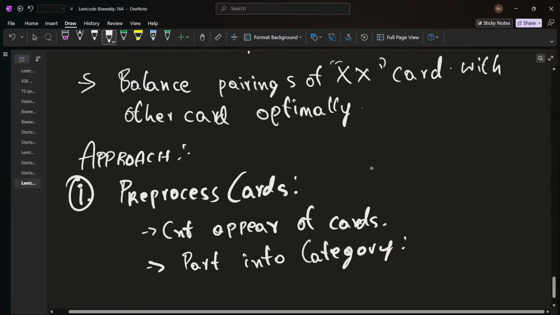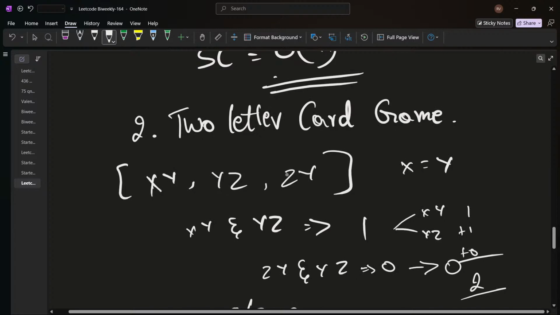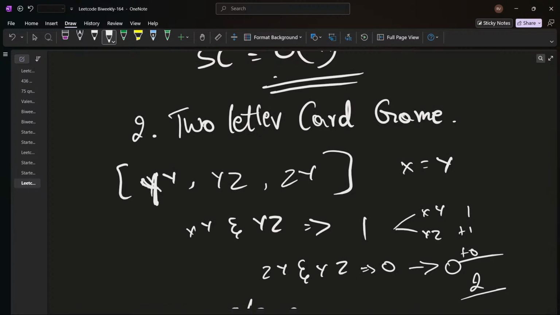Okay, in the first one there was one slight mistake. This is YY, and then the output is 2 here. This is not ZY. There is a difference of 1.